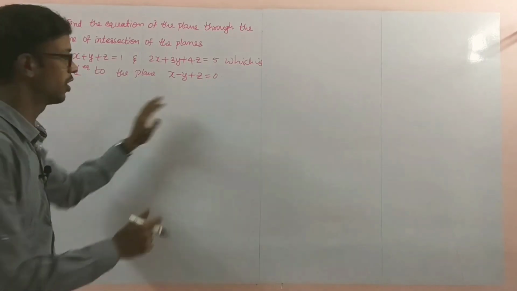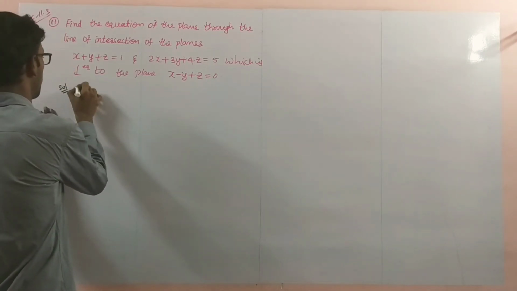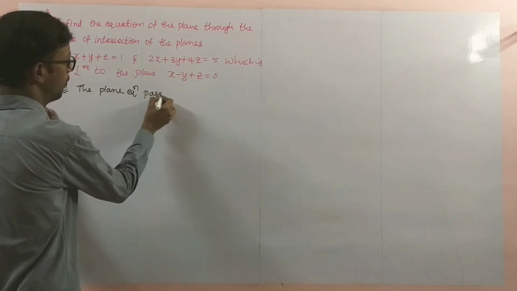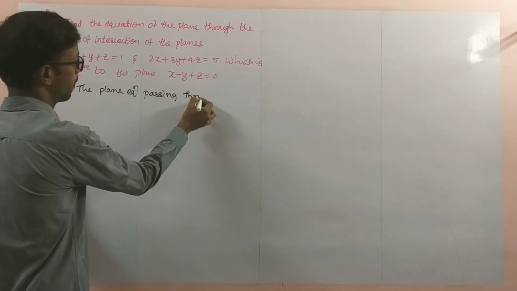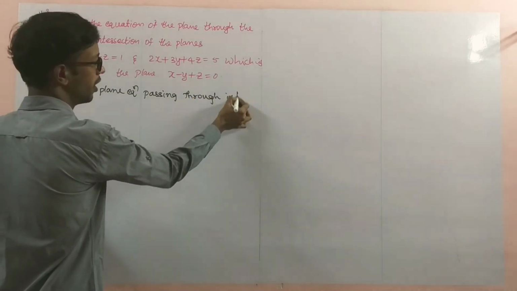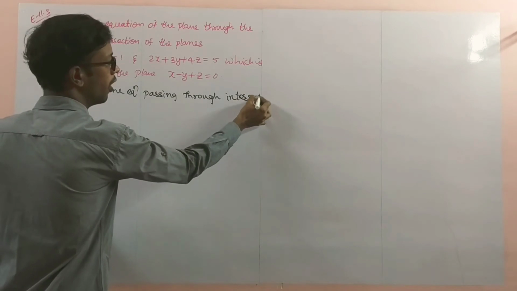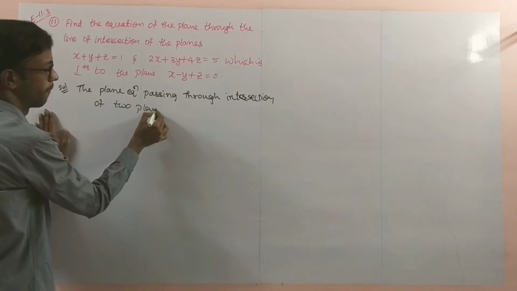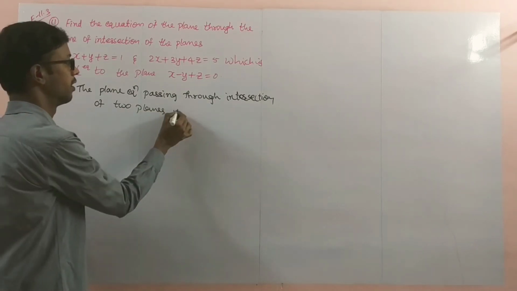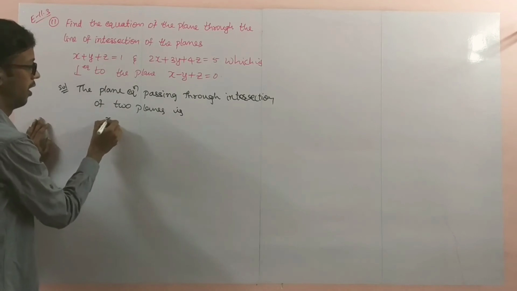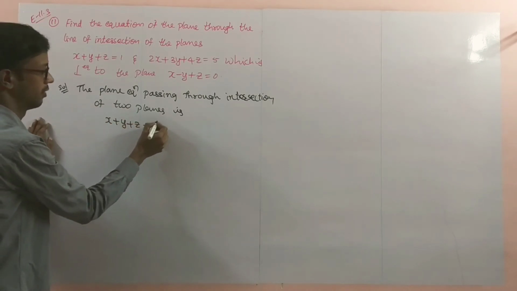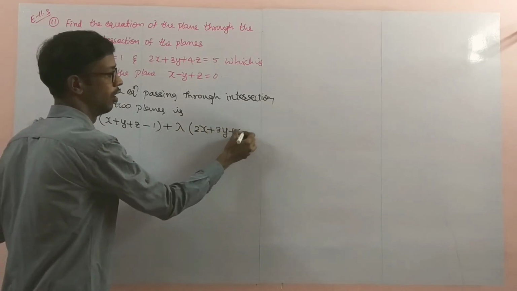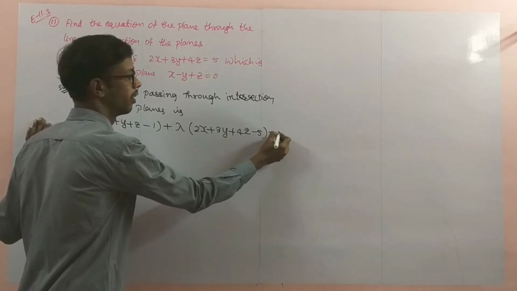First of all, we will find the plane equation passing through the intersection of two planes. The intersection of two planes: first plane x plus y plus z minus 1 plus lambda into 2x plus 3y plus 4z minus 5 equal to 0.